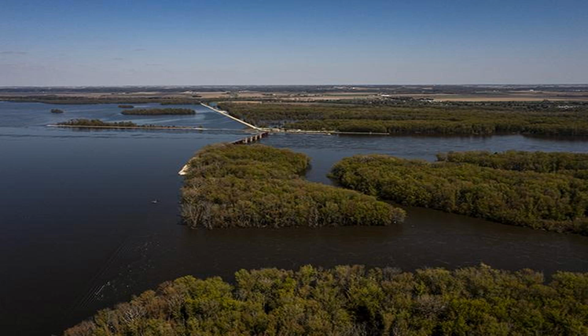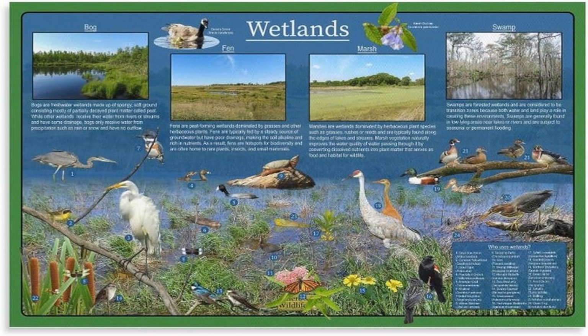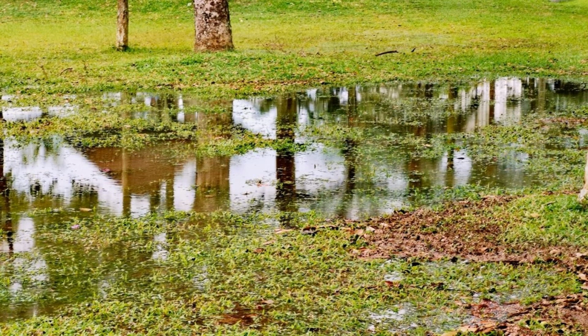Poor drainage in an area is a common cause of waterlogged environments and the formation of swamps. Inadequate or clogged drainage systems prevent water from effectively flowing away from the area. As a result, water accumulates in low-lying regions, saturating the soil and creating a waterlogged environment.